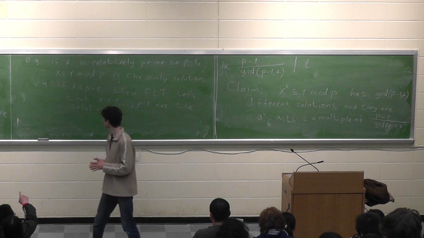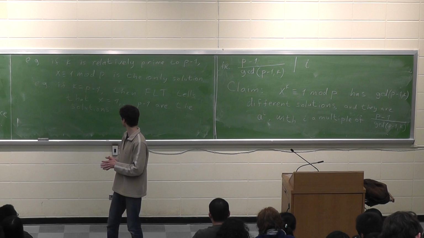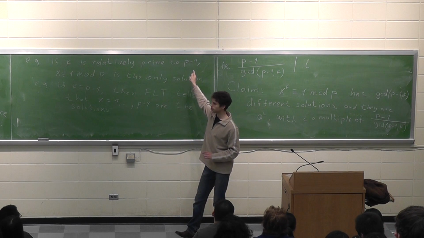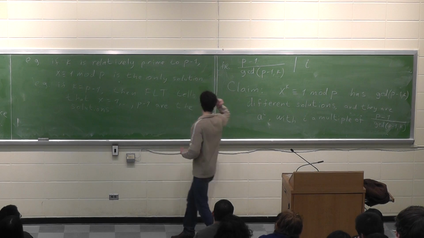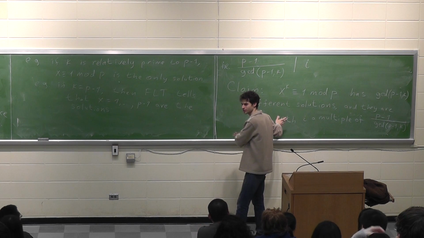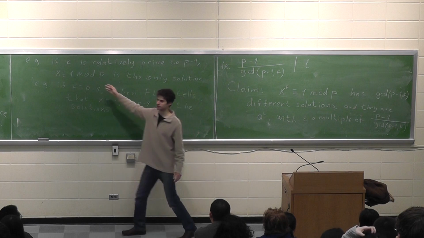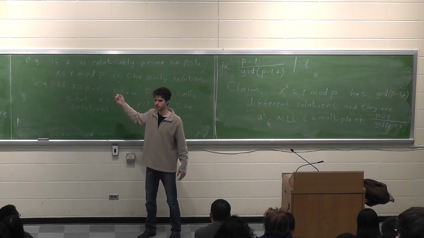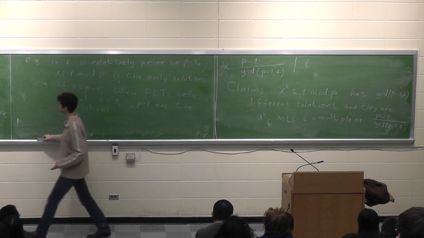Why is 1 the only solution if k is relatively prime to p minus 1? It's the result of the theorem, of course, that there is only one solution, and here's the solution. But we did know it before this. We knew how to solve a congruence like this.